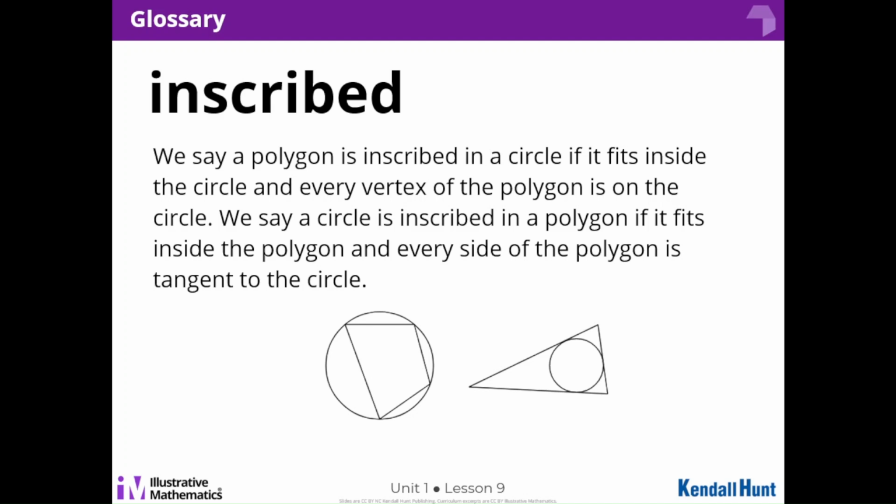On the right side, you've got the opposite. We would say this is a circle inscribed inside a polygon because it fits inside the polygon and every side of the polygon touches the circle in exactly 1 point.